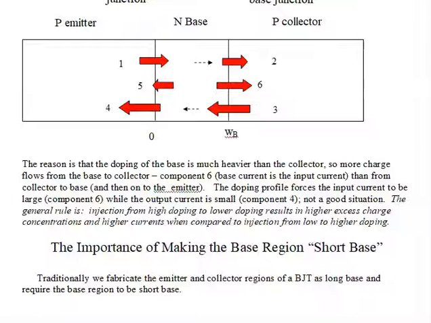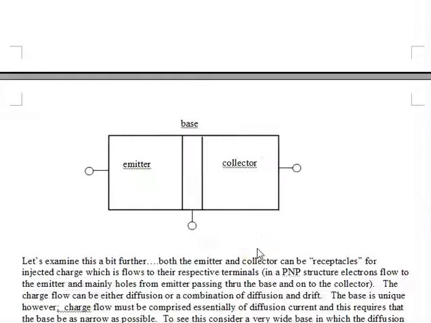Okay, so now I want to make a couple of points about why it's important to fabricate the transistor with a really narrow base. And this is the first one. I'm going to tackle it from a couple of different perspectives. But this is a picture, a cartoon, emitter, base, collector.